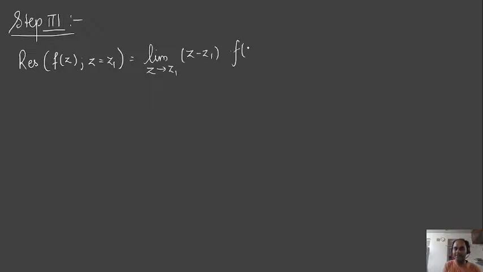So the residue here is the residue of f(z) at z = z1. Since the poles are simple poles, the formula is the limit as z tends to z1 of (z - z1) times f(z).